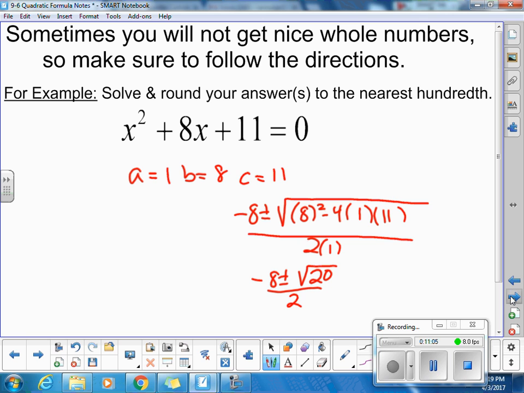And when you plug that into your calculator, if you do the square root of 20, it's like 4.472 dot, dot, dot. So we're going to do negative 8 plus the square root of 20, or that 4.472, over 2.